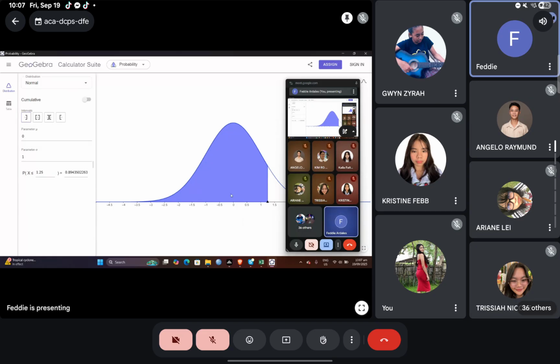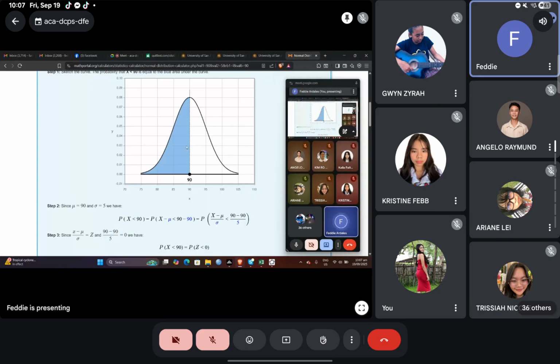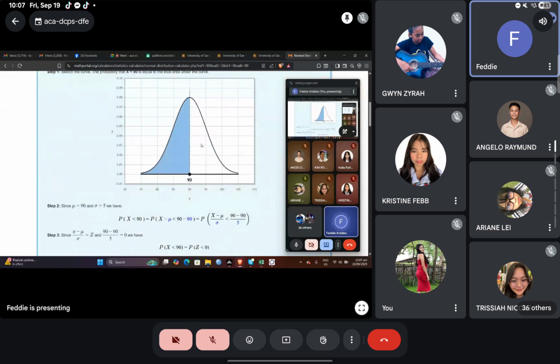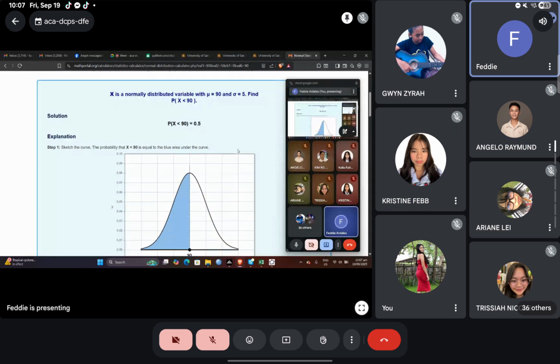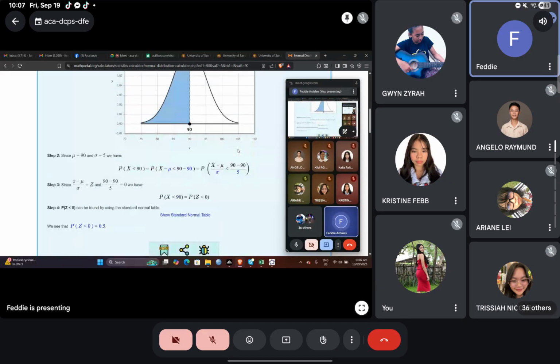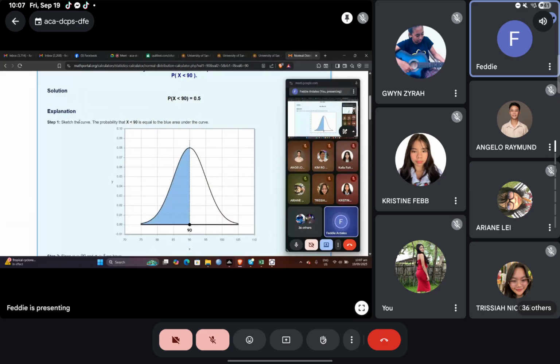What is good about this calculator or application is that after plugging in the values, it will give you the steps. Step 1, sketch the curve for the probability that x is less than 90. You have this blue shaded region.